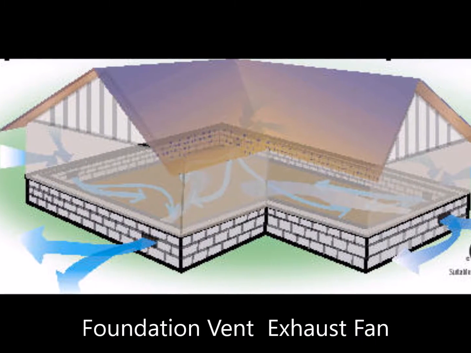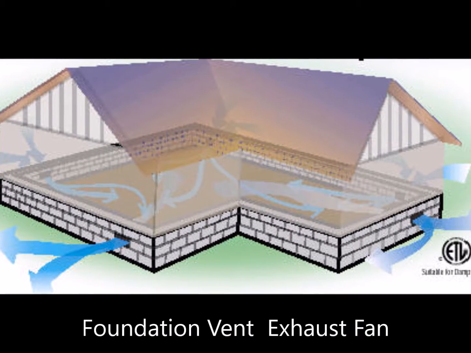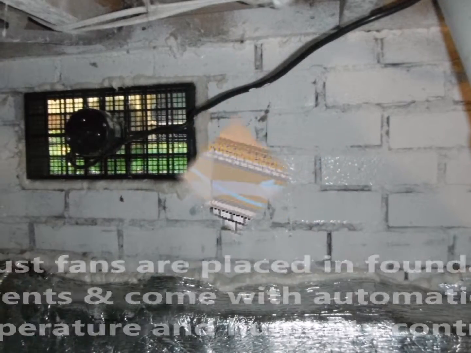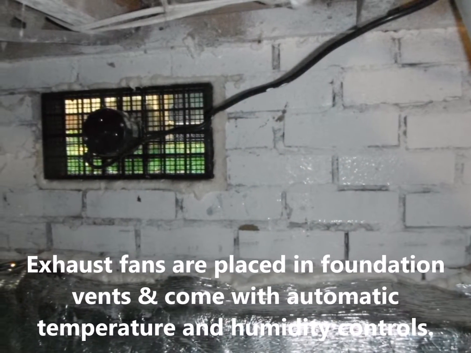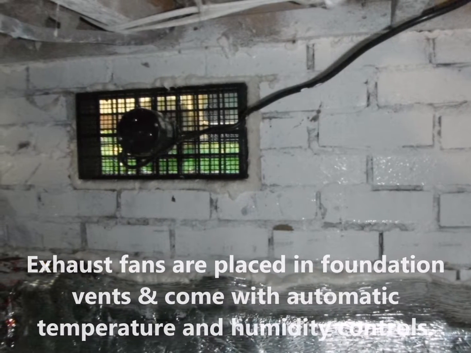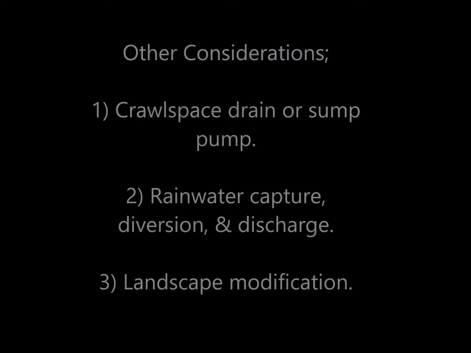The foundation vent exhaust fan is great because it stops this rising of pollutants from the crawlspace into the living area. The exhaust fans or fan are placed in foundation vents and come with automatic temperature and humidity controls.